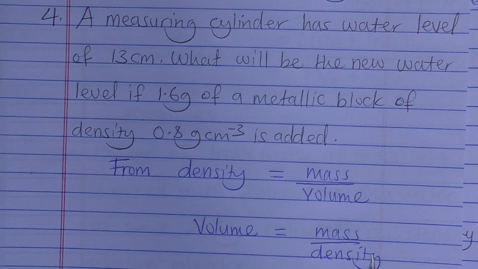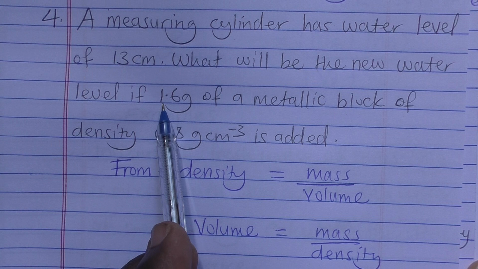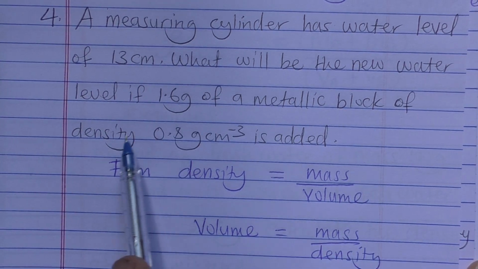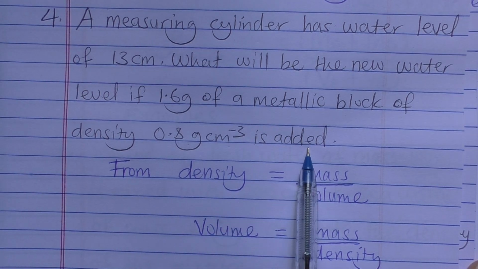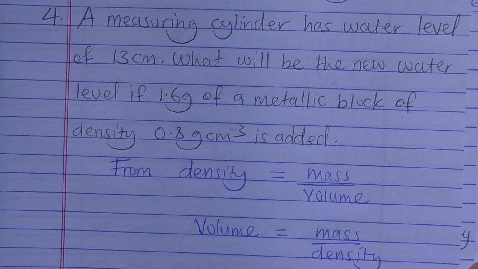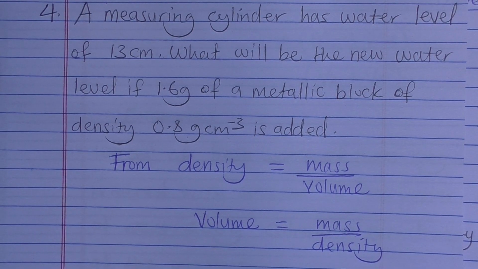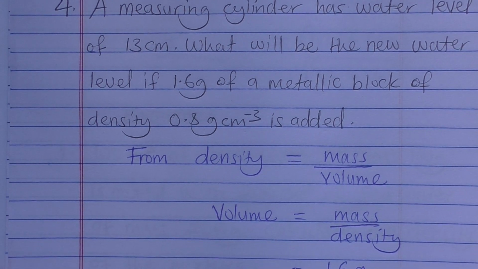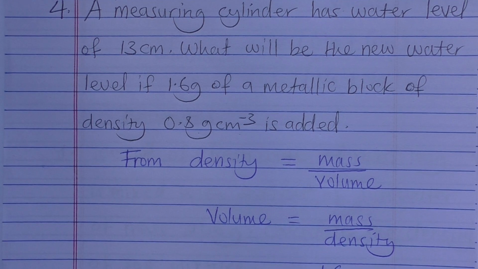Then they want us to determine the new water level if 1.6 grams of a metallic solid of density 0.8 grams per cubic centimeter is added. So, members, what happens if we add this solid block into water in a measuring cylinder? The water level will increase. But they want us to determine the new water level in the measuring cylinder.